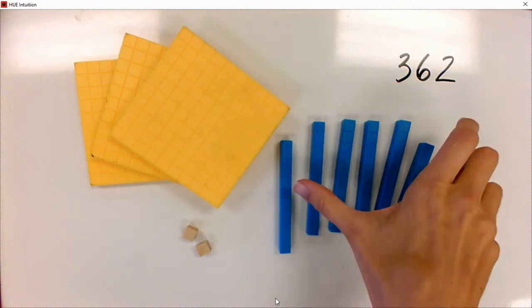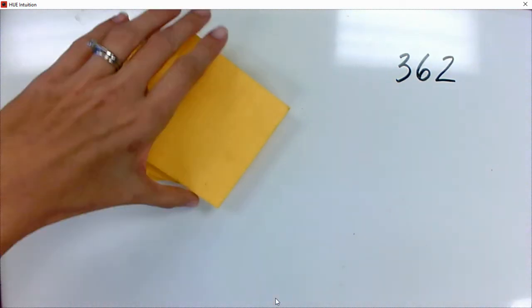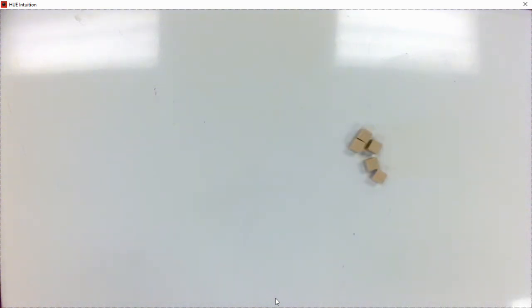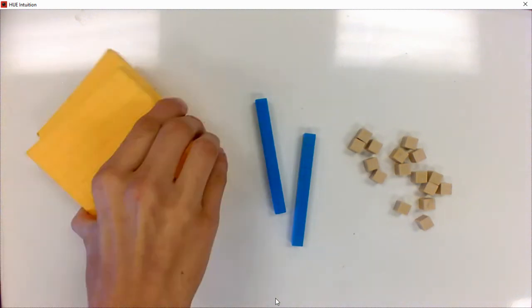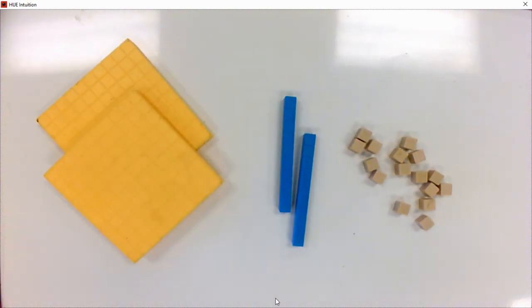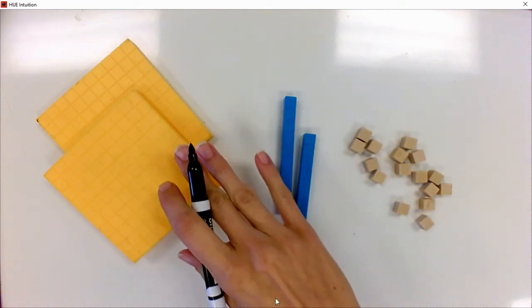Are you ready for a hard one? Let's look at one more number using the base 10 blocks. All right, let's see if we can write what number this is. So once again, I have ones, tens, and hundreds.